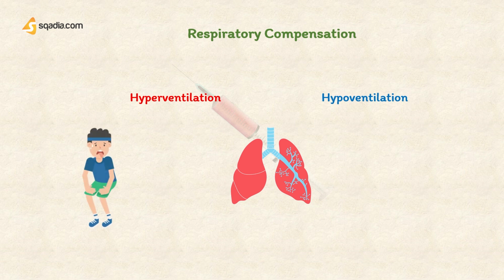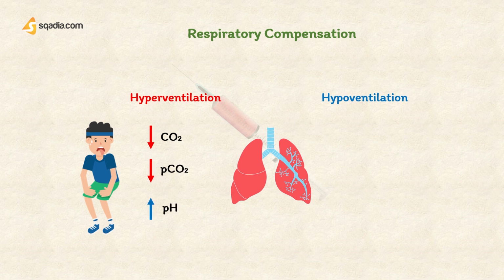When a person hyperventilates, they blow off the carbon dioxide, causing the partial pressure of carbon dioxide levels to fall, which results in less hydrogen ions, which causes the pH to rise. When a person hypoventilates, they basically do the opposite and retain more carbon dioxide, causing a rise in plasma carbon dioxide levels and more hydrogen ions in the blood, causing a fall in the pH.